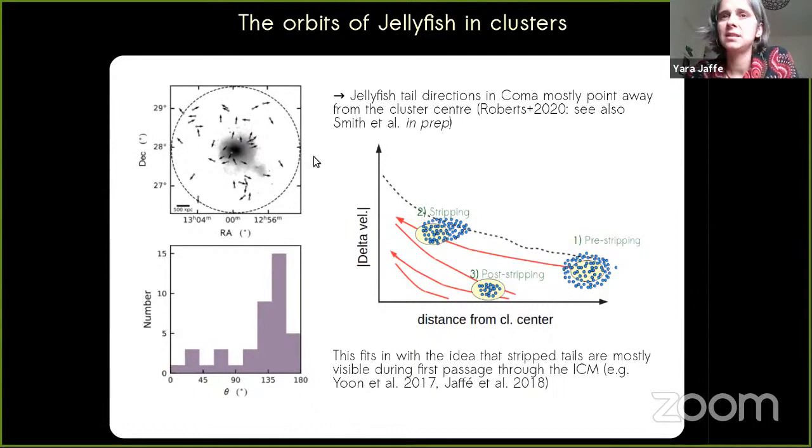And this means that indeed, all of these galaxies are essentially falling into the cluster for the first time. So we're working on a statistical analysis of tail directions in different clusters, actually, with Rory Smith, where we want to put numbers to this. We want to constrain what is the lifetime of tails in different wavelengths as well, because this distribution can tell us a lot of information about that.